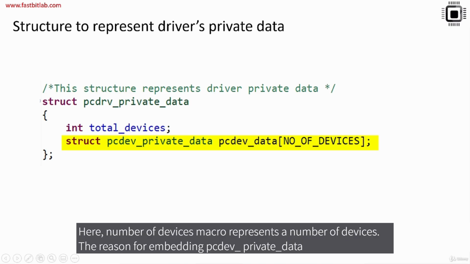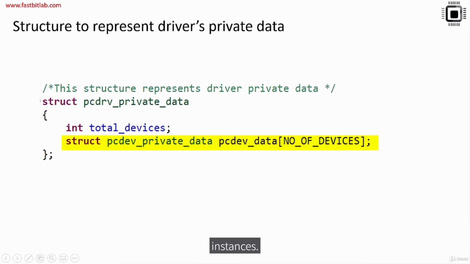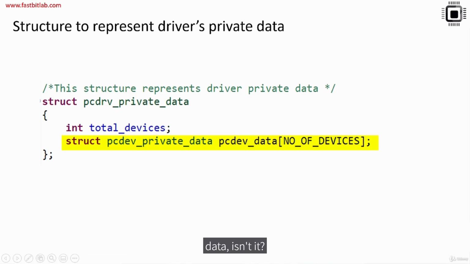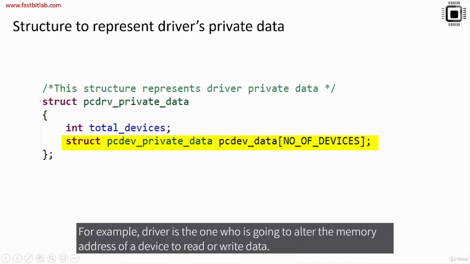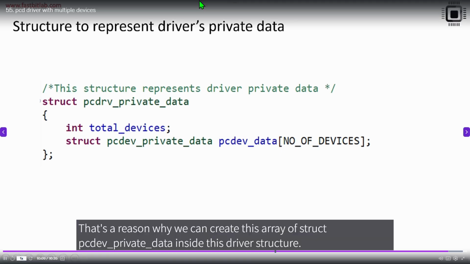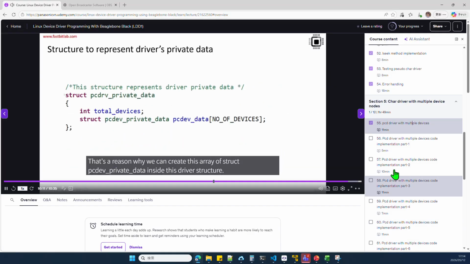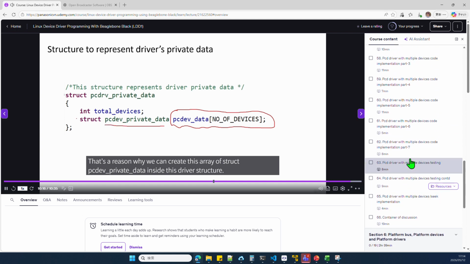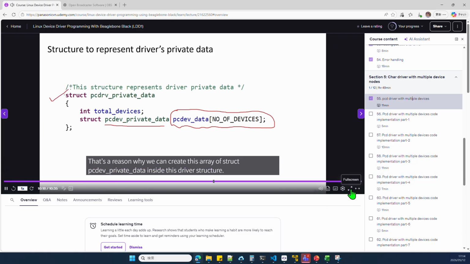The reason for embedding pcdev_private_data instances inside the driver structure is because the driver is the one who is going to operate on the device specific data, isn't it? For example, the driver is the one who is going to alter the memory address of a device to read or write data. That's the reason why we can create this array of struct pcdev_private_data inside this driver structure.